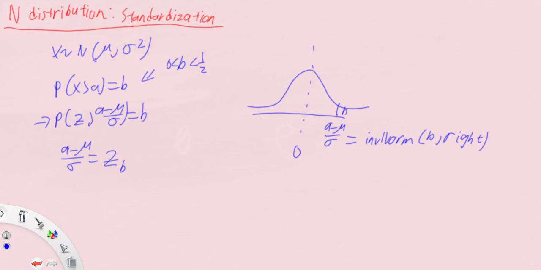Alright, and this is always a positive value in terms of representation. Of course, it's possible to get a negative value, because if we change this to the left, then you get a negative value. But when we talk about z subscript b, or z subscript any probability, we're looking at the positive value, aka the value on the right. Then from here we know that a equals mu plus z_b sigma.